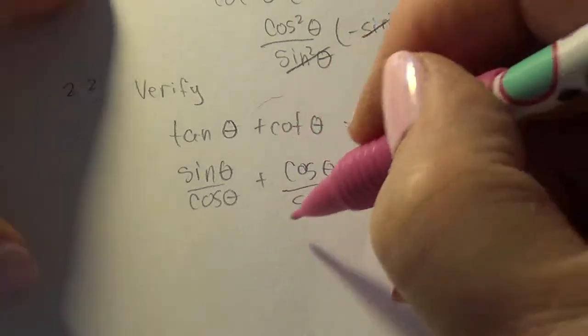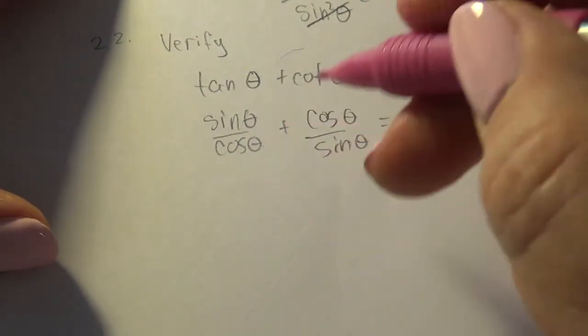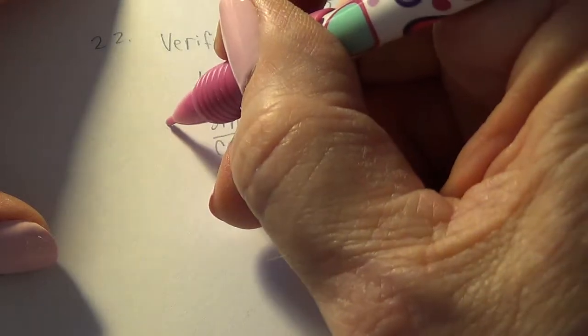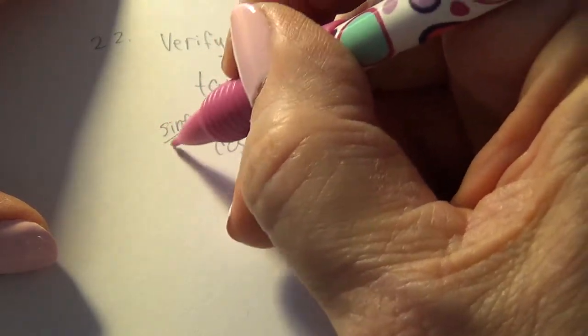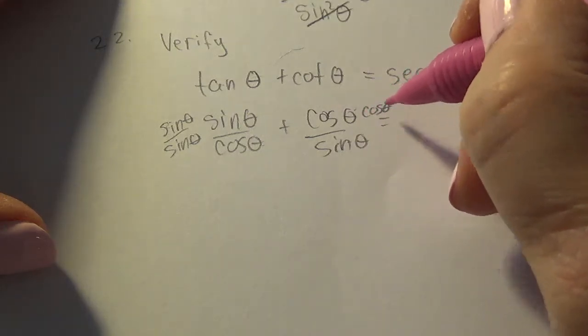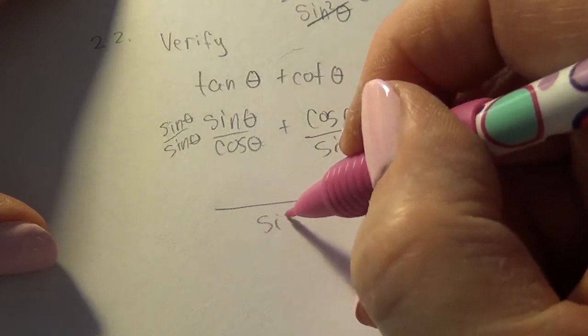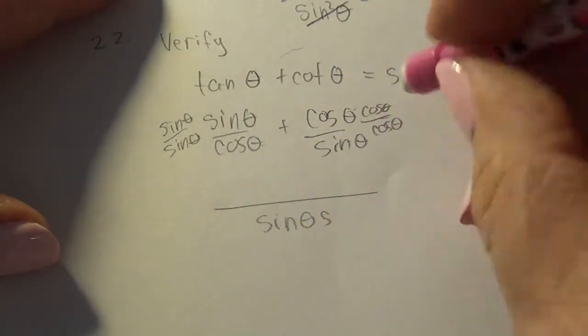All right, I'm going to stay working on this side until it looks like that. I'm going to give these the same denominator by multiplying this by sine over sine, and this one by cosine over cosine. Do you see that gives us the common denominator, sine cosine?